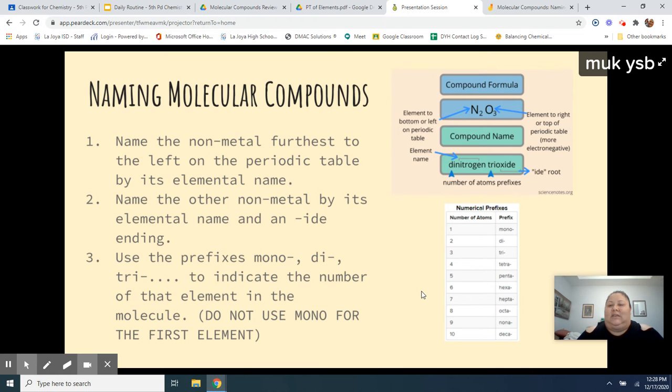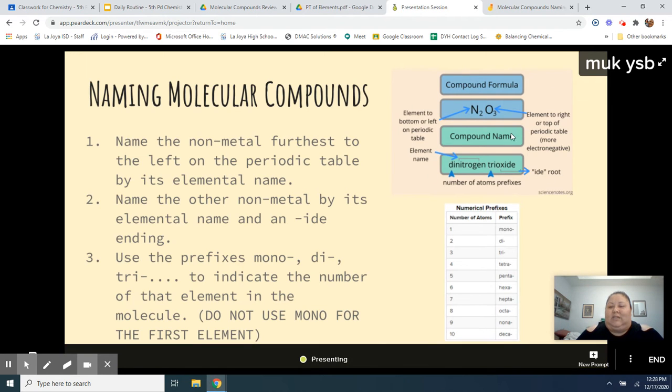Let's discuss the example that we have here on the top right corner. In your first blue box, you have a formula for your compound, and your formula says that you have N2O3. So name the first element. Do not change it.